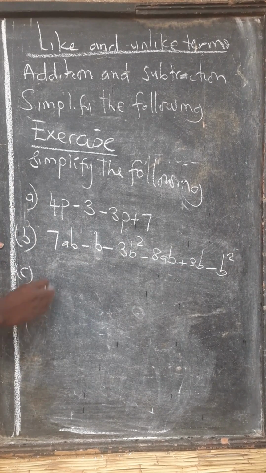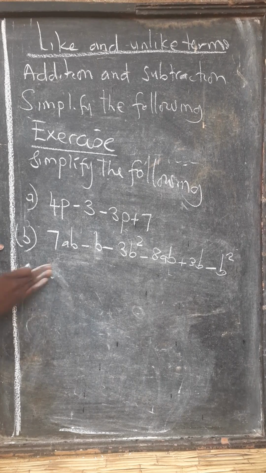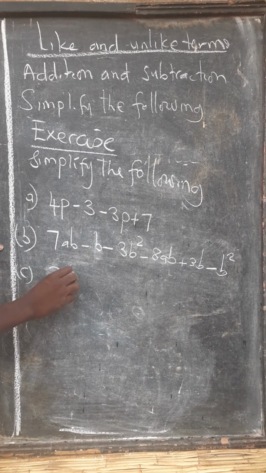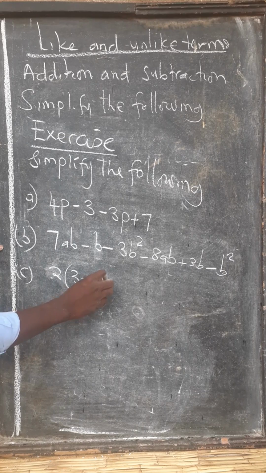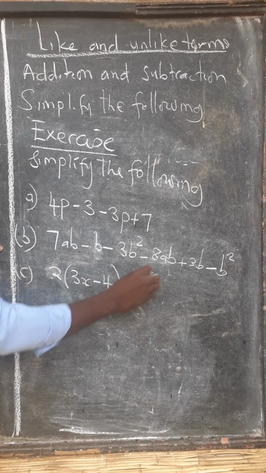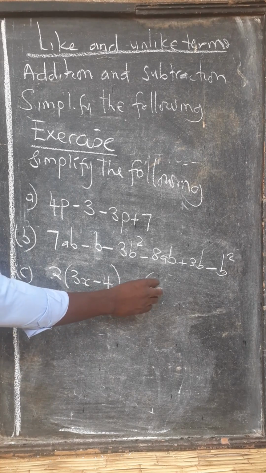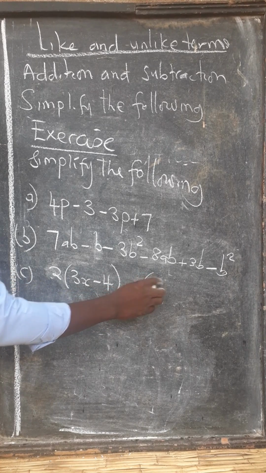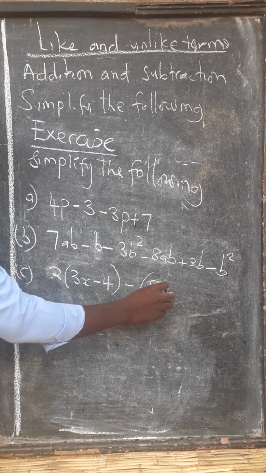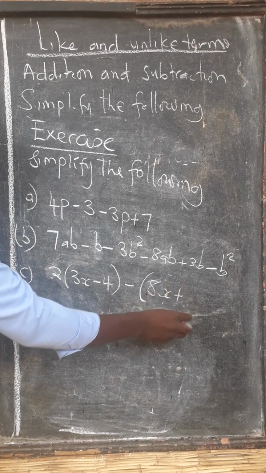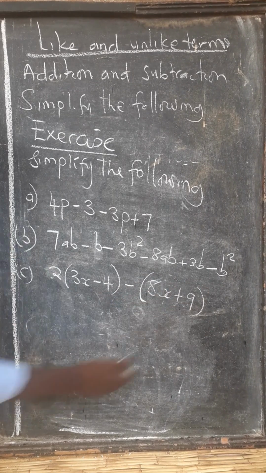C is 2x times 3x minus 4, minus 8x plus 9.